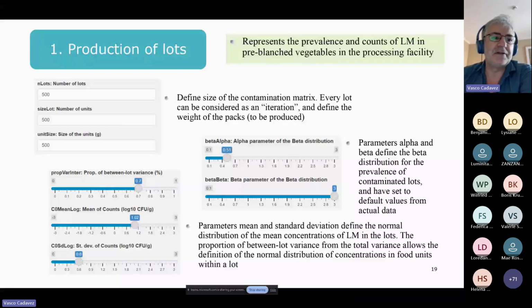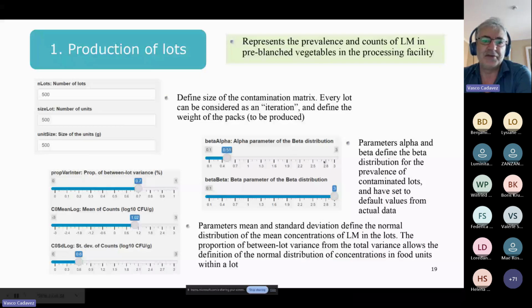So this is what we call 2-dimension Monte Carlo simulation. So we have a matrix with these dimensions. If you increase the dimension, the model will be a little bit slower. Okay, so we can also model the variability between lots.